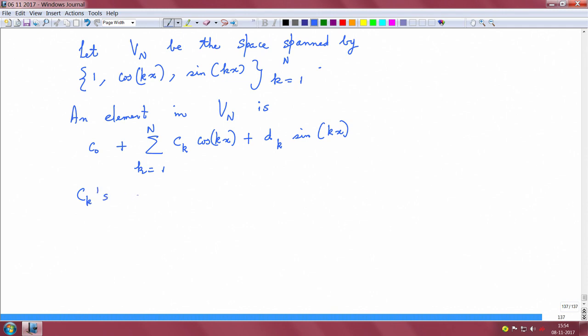The c k's and d k's are possibly complex numbers.